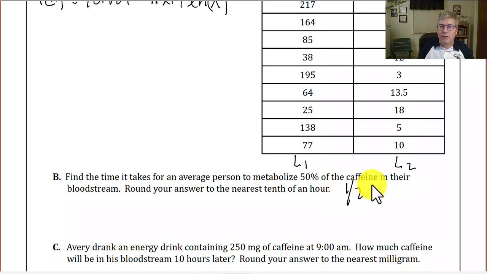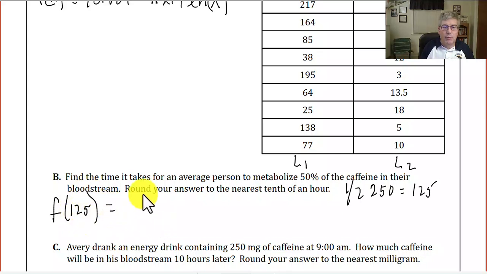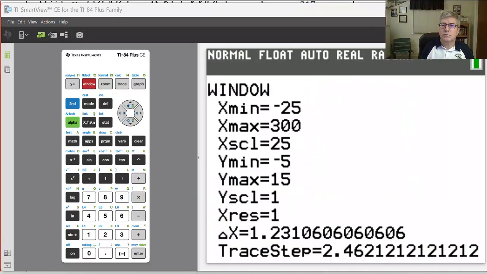So half of 250 is 125. So we want to find f of 125. So we put that into our calculator, and it'll crank out an answer for us.